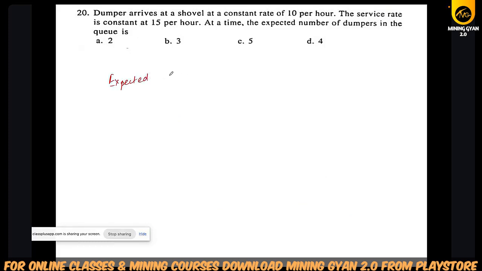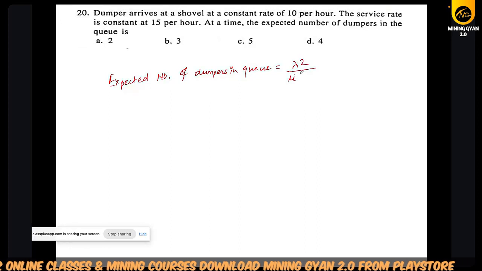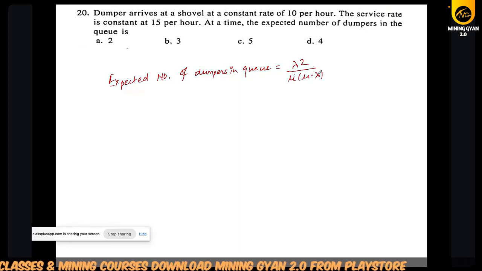Expected number of dumpers in queue will be lambda square upon mu minus lambda.